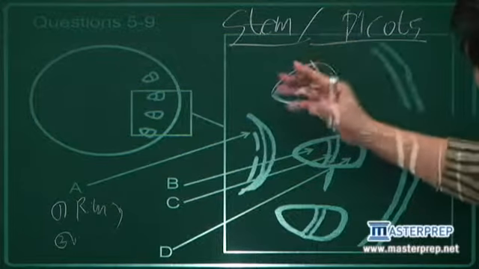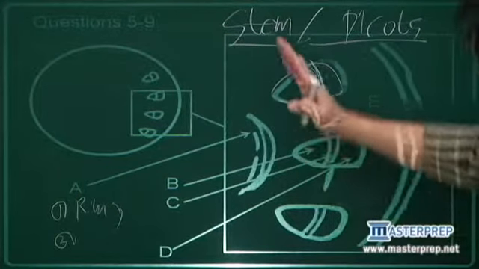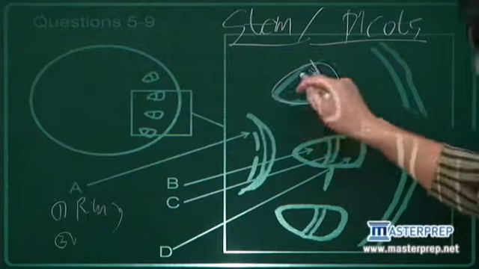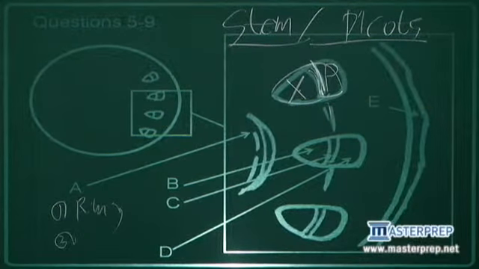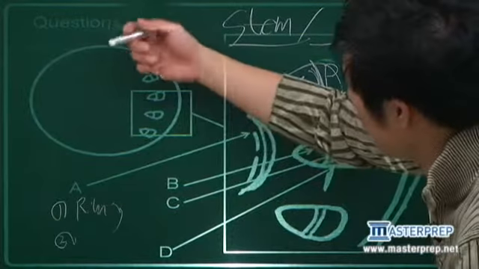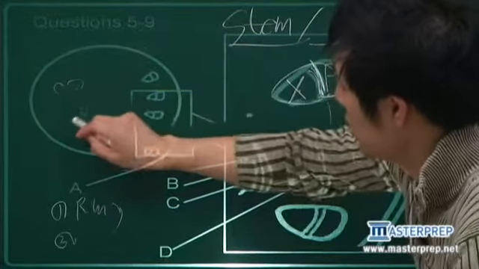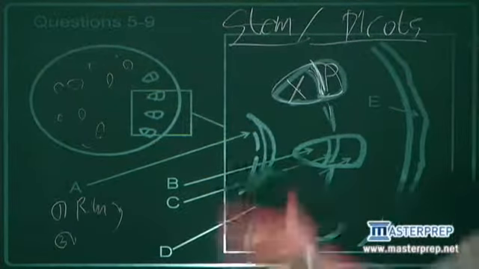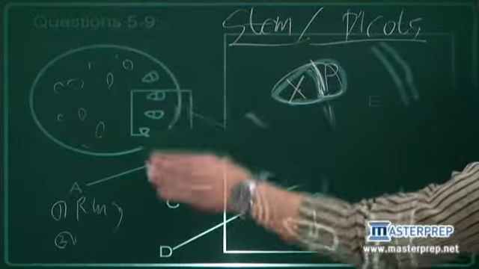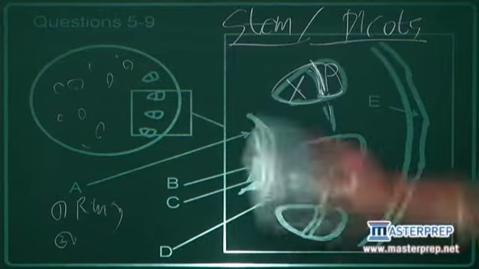So always, as always, on the inner layer, we have xylem. On the outer layer, we have phloem, right? Okay. If we were all scattered like this, xylem, phloem, xylem, phloem, xylem, phloem, xylem, phloem, then that means this is the stem of monocots, not the dicots, right?